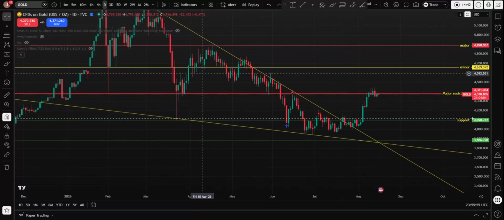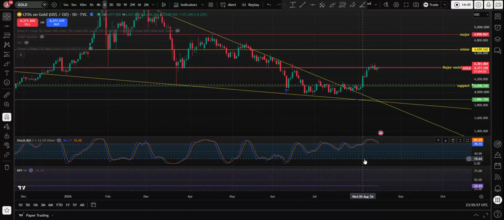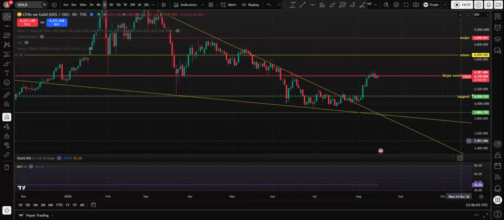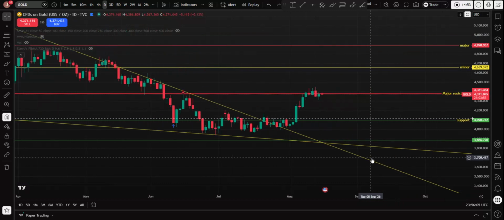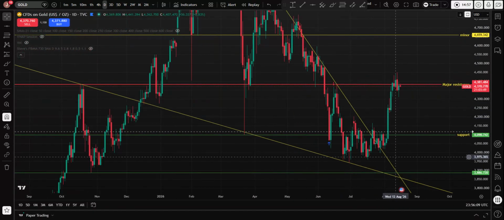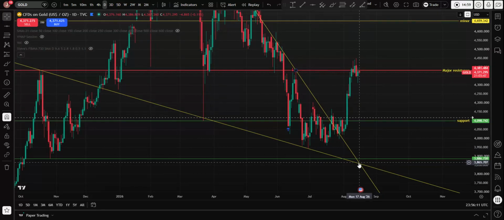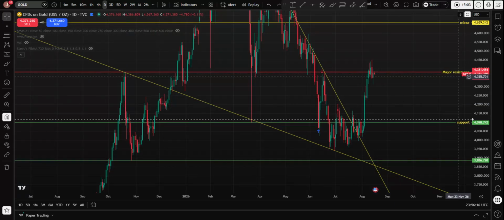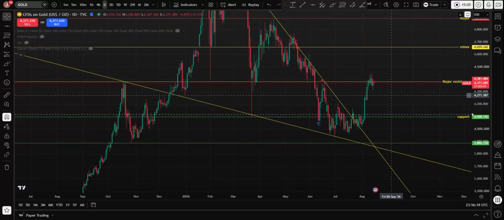But since we already had a wedge pattern and bullish divergence on the RSI, which I already showed you before, where we had RSI with bullish divergence, it's less likely that we break down or revisit this double bottom. But there's always a chance. You can always look back at cases where patterns fail, right?